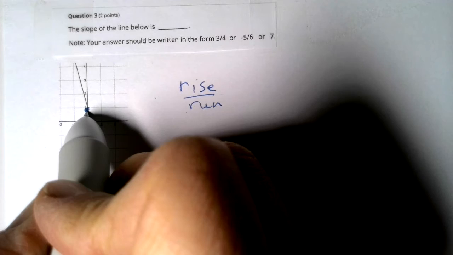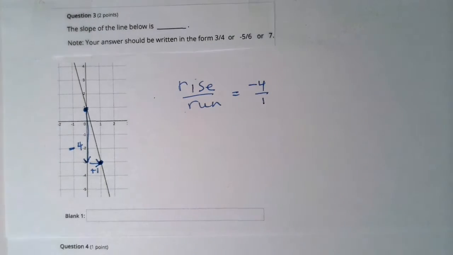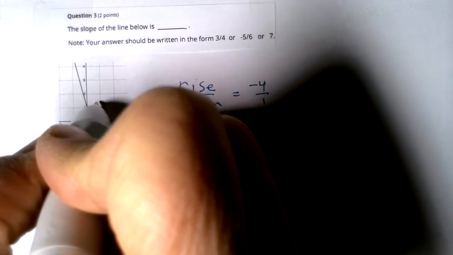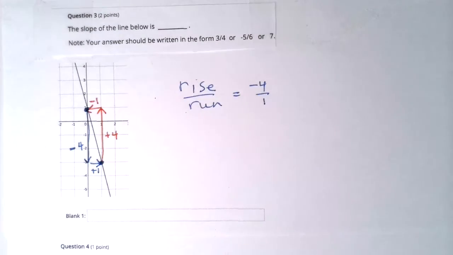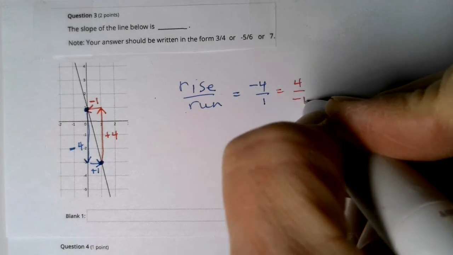If you start at the left point, I am going down 4, so that is -4, to the right 1, so that's +1, so I can think of that as -4 over 1. But if I started from the other point, that would be going up 4, so +4, but then I'd be going left 1, which is the negative direction. So I could think of this also as 4 over -1.